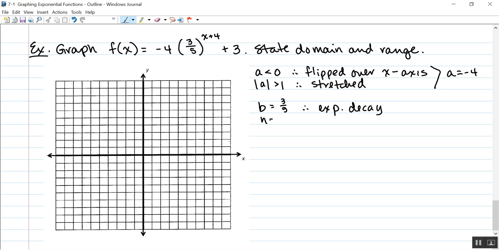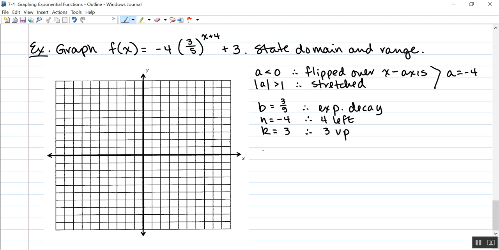My h equals -4. Remember, it's x minus h, so that means I'm going to be shifted 4 to the left. My k is 3, so that means I'm going to be shifted up 3. Okay, so let's go ahead and probably, this one is really hard to pick numbers and figure out.